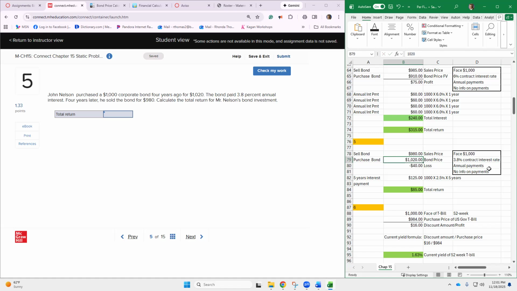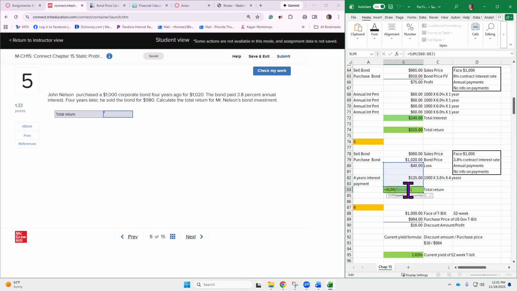So he bought it for $1,020, held on to it for 4 years. Here's how you would calculate the 4 years worth of interest. You can do this all in one calculation here. It's 1,000 times 3.8% times 4, for 4 years.